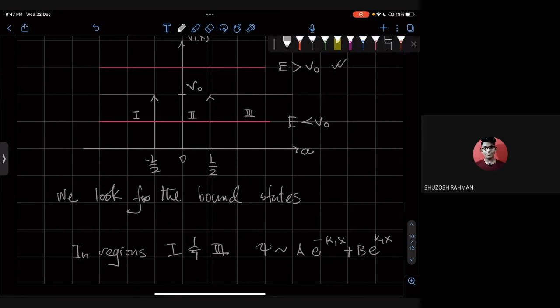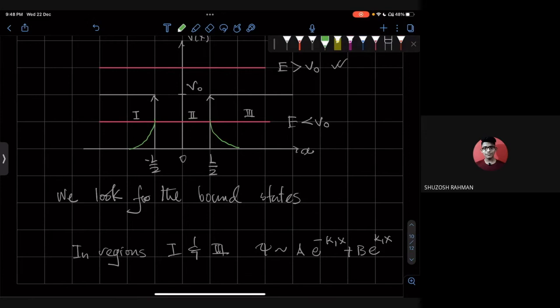That means that in region 3, the wave function can be exponentially damped or decaying. What this means is that there is a possibility that the particle is going to be found outside the box. Similarly for region 1.